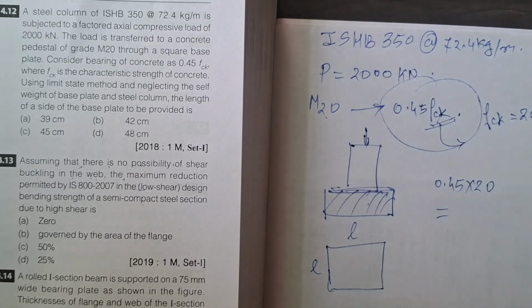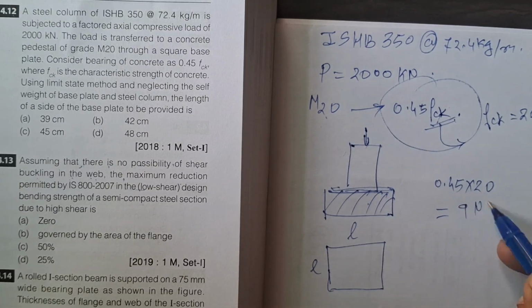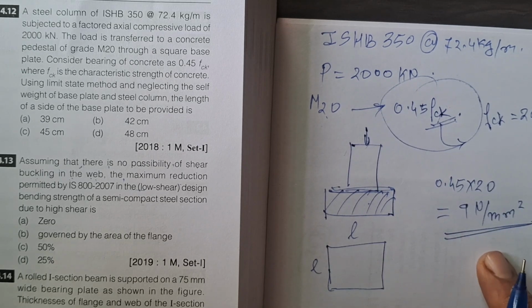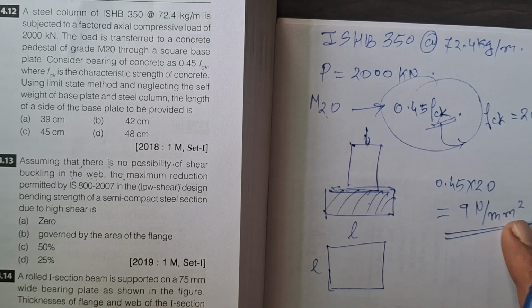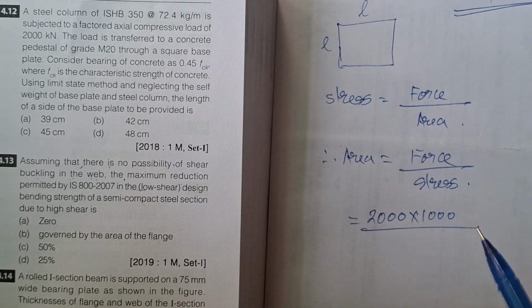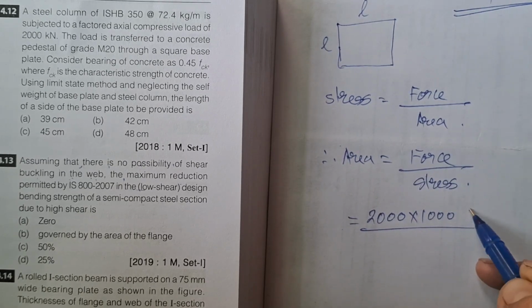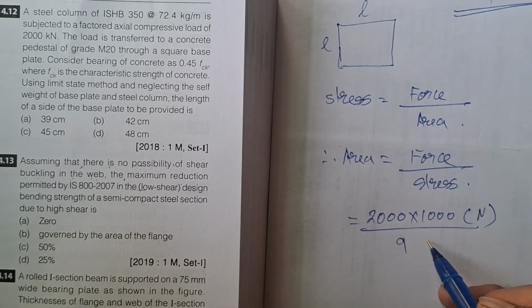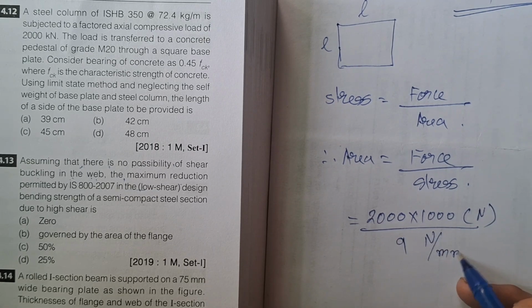So basically 9 Newton per mm square. Although we are using M20, the strength which we will be getting is 9 Newton per mm square. So here we just have to put the stress: this is in Newton and this is 9 Newton per mm square.